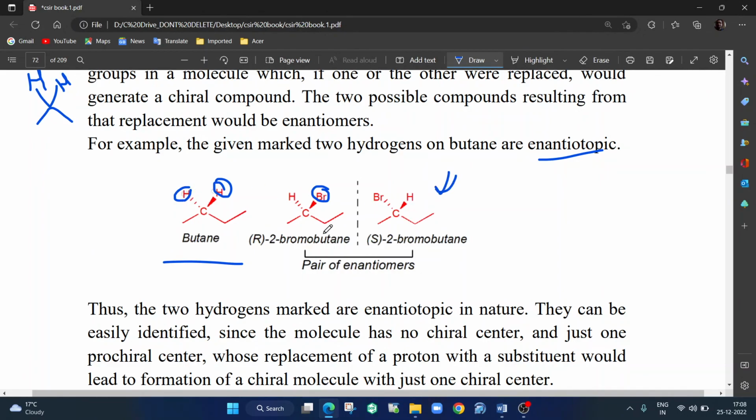Now we can see that this molecule has become chiral because it has four different substituents, and these two will be mirror images, so there will be a pair of enantiomers. So these two hydrogens will be called enantiotopic. But you know, enantiomers don't show a difference in NMR peak, so they both will come as the same single peak in NMR. So this is what is called enantiotopic.